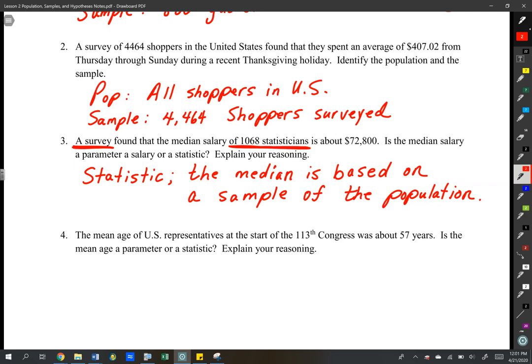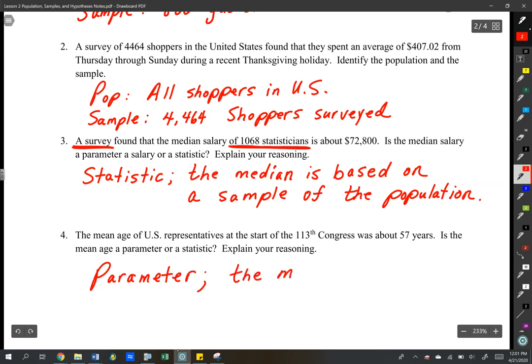So since we're talking about everybody, this is a parameter. It's a characteristic of the population. We said the mean was based on all US representatives. Just say reps. Okay.